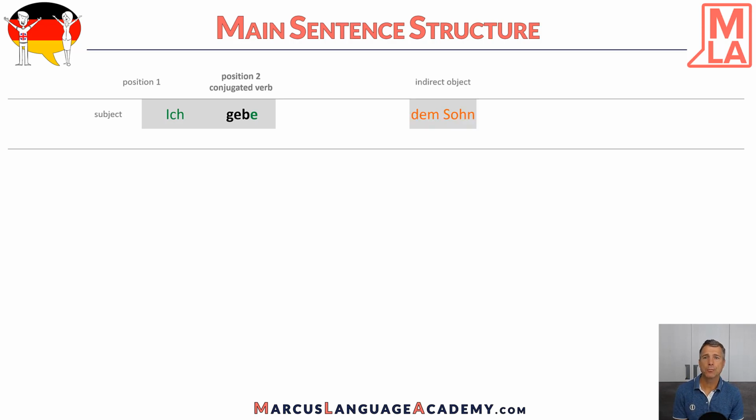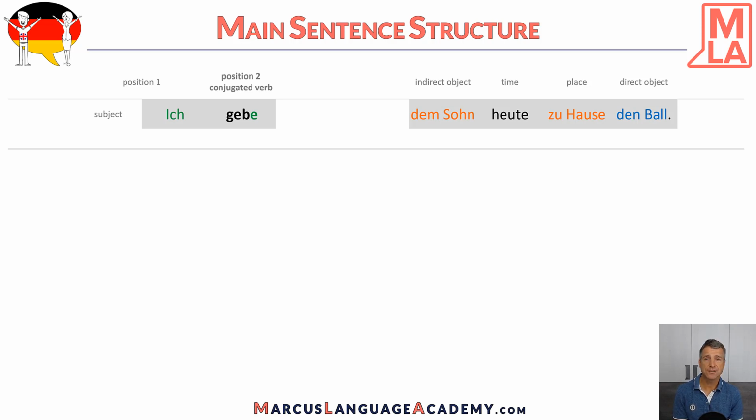Then we put the indirect object: Ich gebe dem Sohn. Maybe we have a time, heute, a place, zu Hause, and then in the end the direct object, den Ball. Okay? Ich gebe dem Sohn heute zu Hause den Ball.